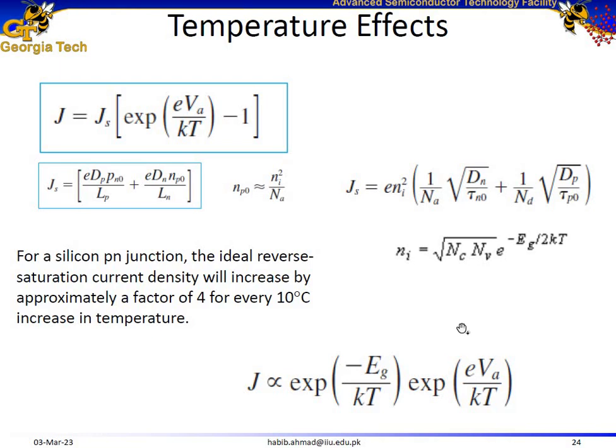So assume that the reverse saturation current density is 5 picoamperes at 25 degrees C. So what would be the current density at 35 degrees C?